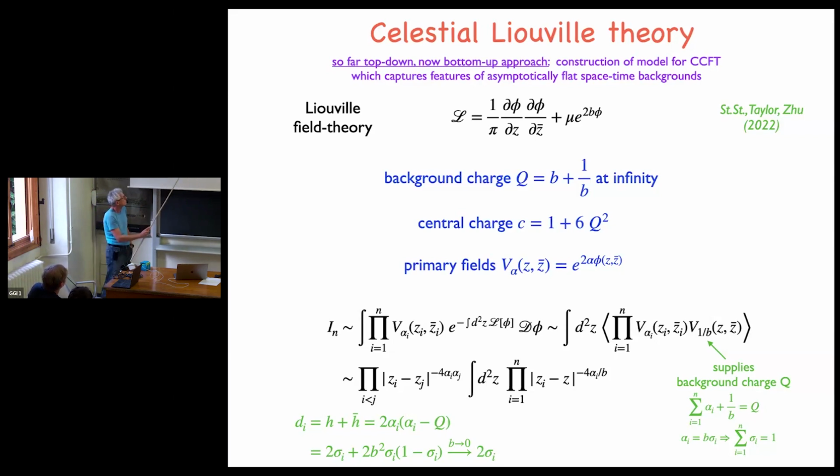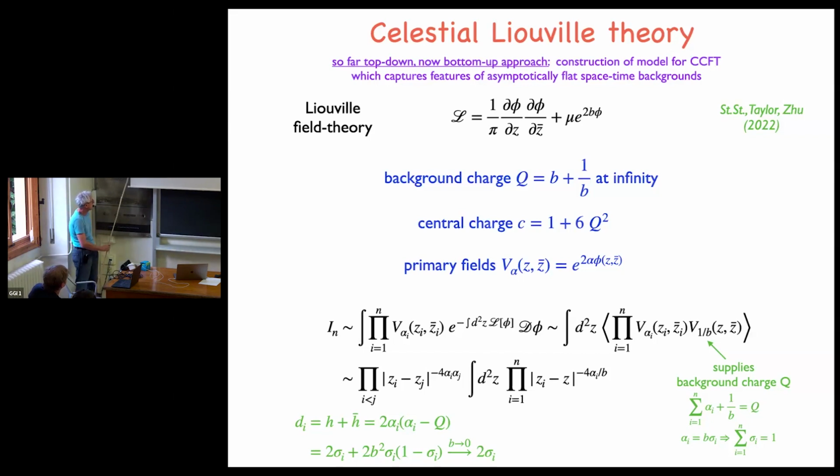So let's count the total charge here. It's 1 over b and the sum of these alphas. And if these alpha i's fulfill this condition, then this gives exactly Q. So then everything would be fine.